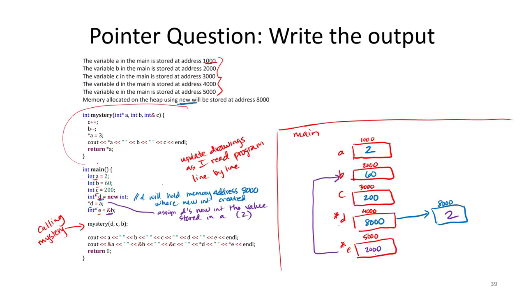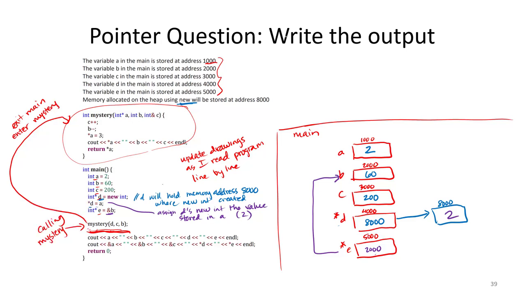All right, in the next line of code, we are calling the function mystery. So notice mystery is the function shown here above our main function. Remember, we do not actually run the code in mystery until it is called. But here, since we've called mystery, we're going to exit our main function and enter mystery.